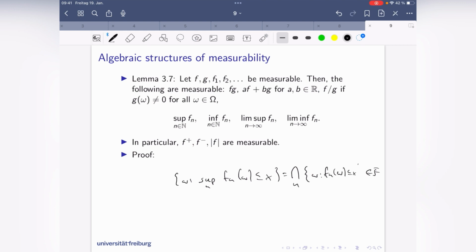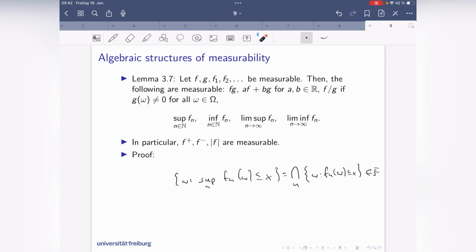So now it works. So the sup is smaller or equal to x if and only if all of them are smaller or equal to x. So I have this here, and apparently these here are measurable because fn is measurable, and the countable intersection of measurable sets is also measurable. So I'm done.